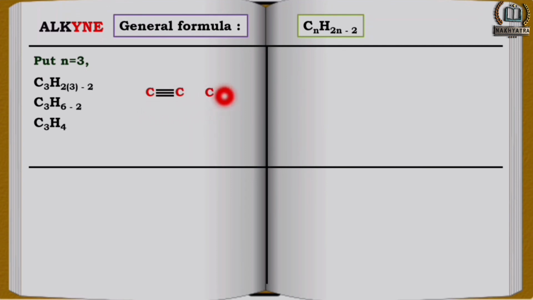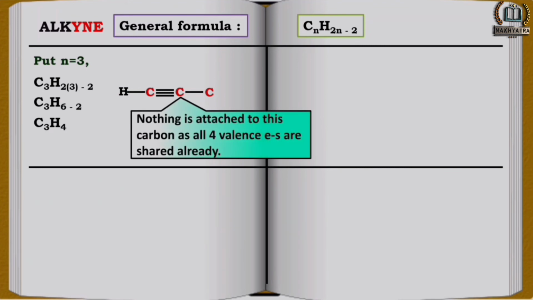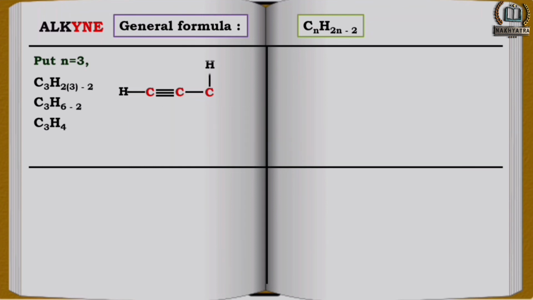And here there will be a single bond. Nothing is attached to this carbon as all 4 valence electrons are shared already. So the hydrogen atoms will be attached to this carbon. So this is the structure, and now let's see what is the name of the compound. It is propyne.